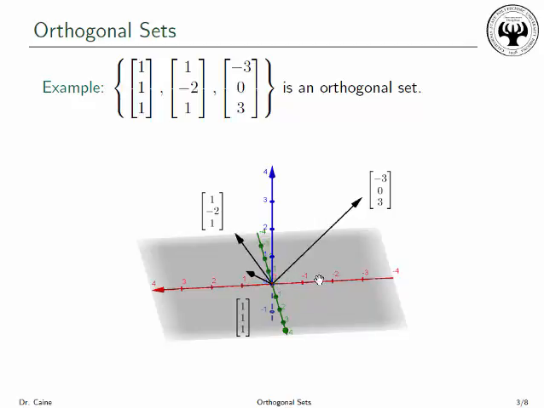And then finally, negative 3 units in the x direction, 0 units in the y direction, 3 units vertically. And as is suggested by the image, these two vectors meet at a right angle, these two vectors meet at a right angle, and if we were to turn this image around, you would see that these two vectors meet at a right angle as well.